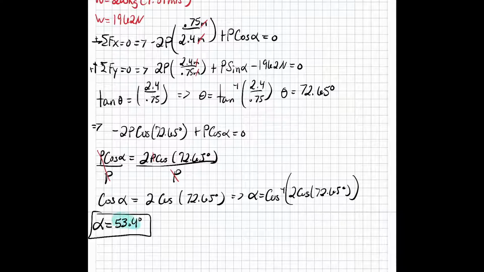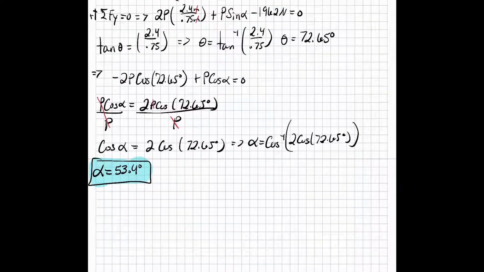Now we know the direction, now we just need to find the magnitude. We can go back up into our sum of forces in the y direction. We have 2p sine of 72.65 degrees plus p sine of 53.4 degrees all equal to 0. Now we can solve for p.